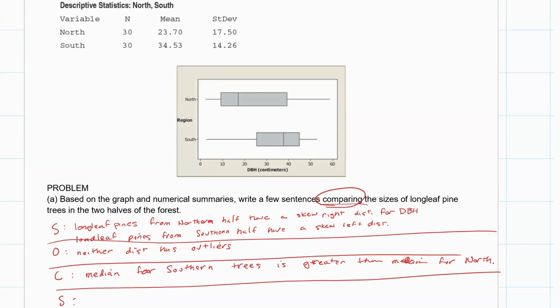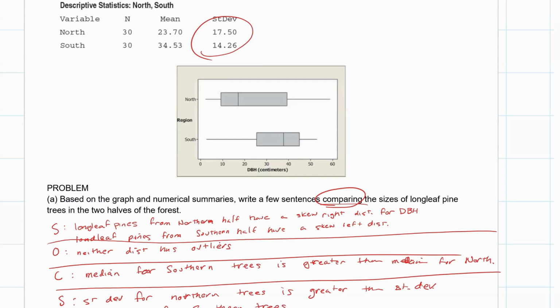How about we use the standard deviation for the spread? Standard deviation for northern trees is greater than standard deviation for southern trees.